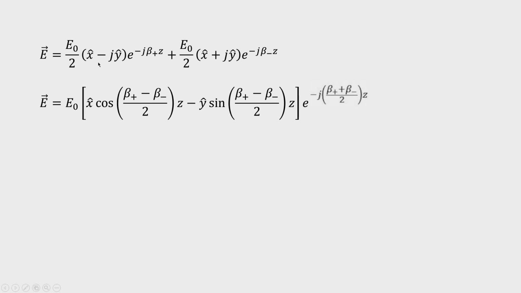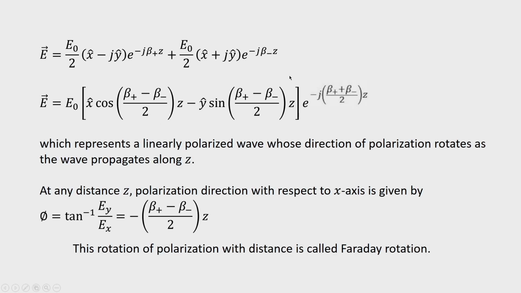E is now actually a sum of an RHCP and an LHCP wave, and the electric field expression can be rearranged in this manner. When this e to the power j (beta plus minus beta minus)/2 z is combined with this term, we get this expression.